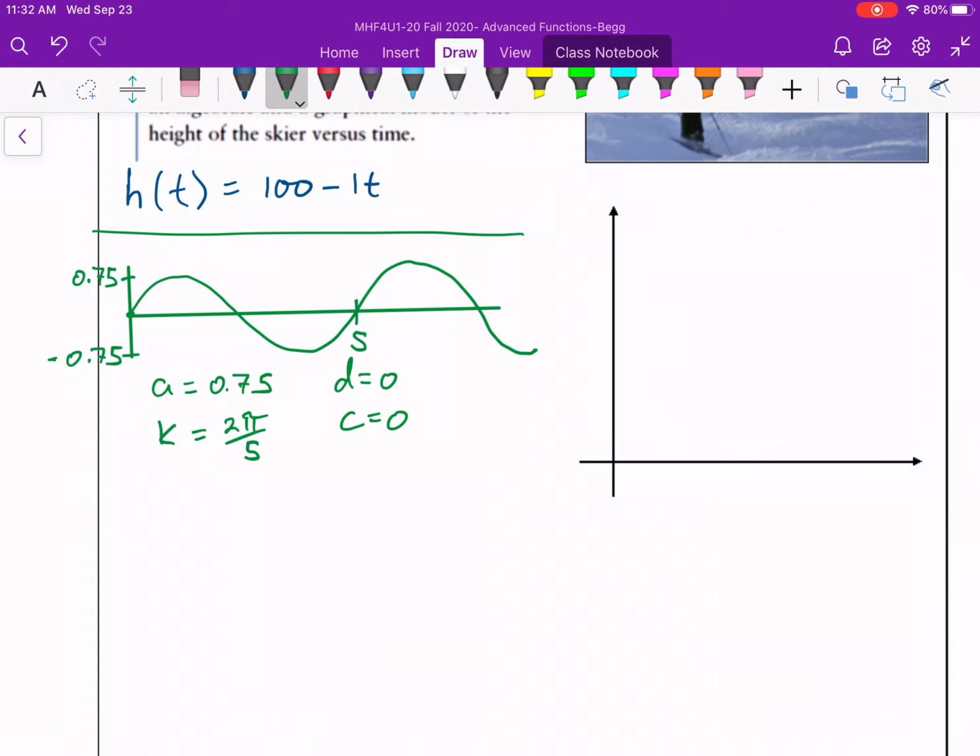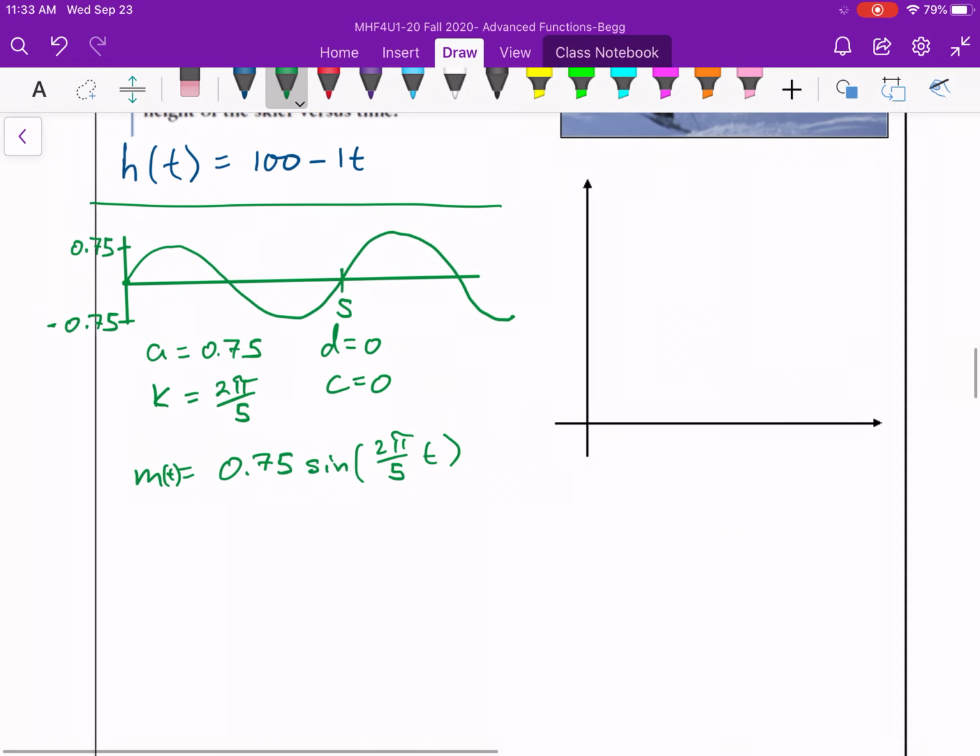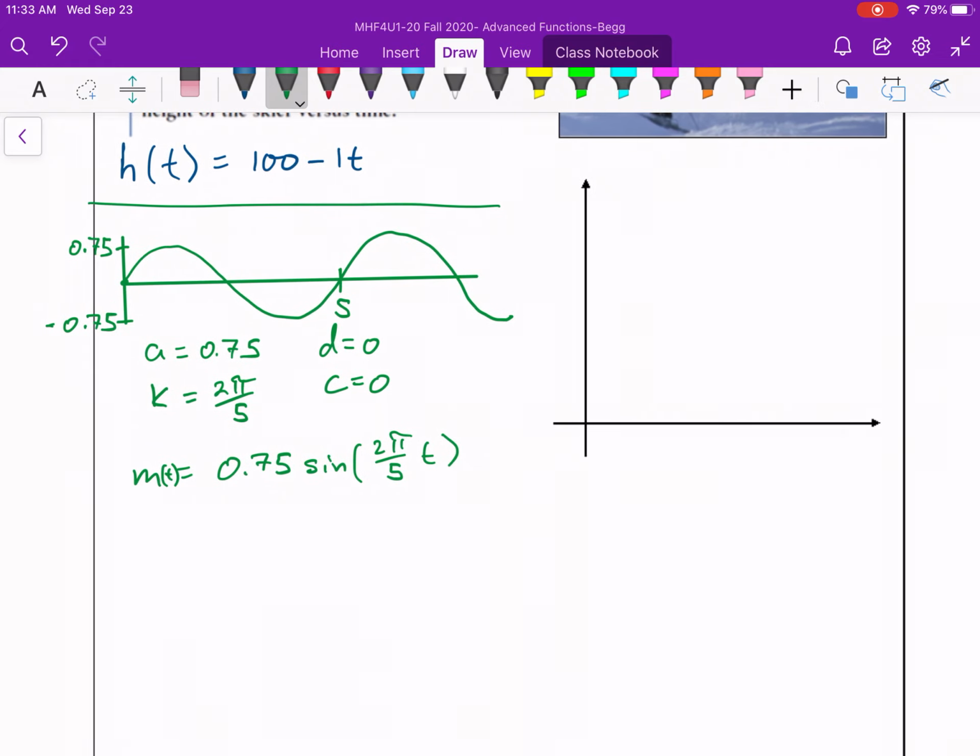All right. So our function is going to be m equals 0.75 sine, and then k, 2 pi over 5, and I'll use t. I guess I should have done m at t. So there is our function for that. Let's put that into Desmos.